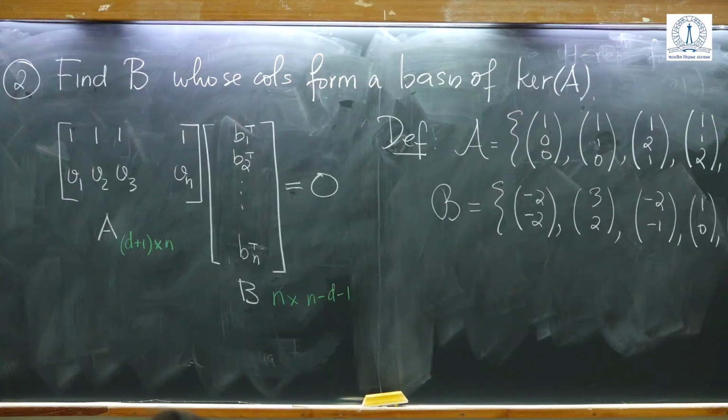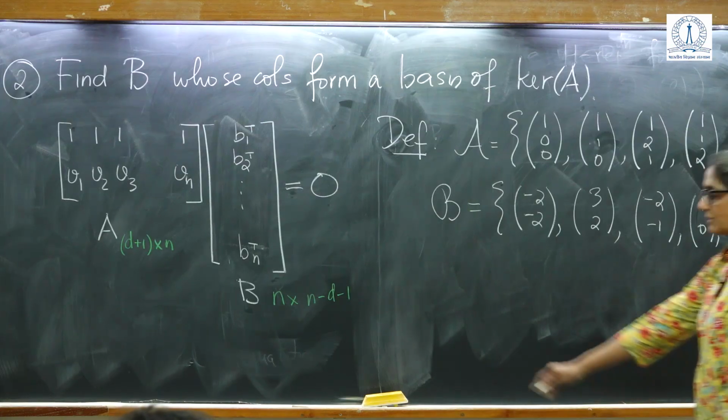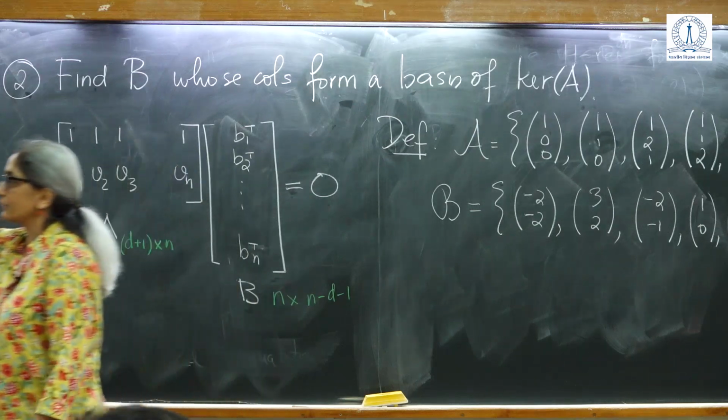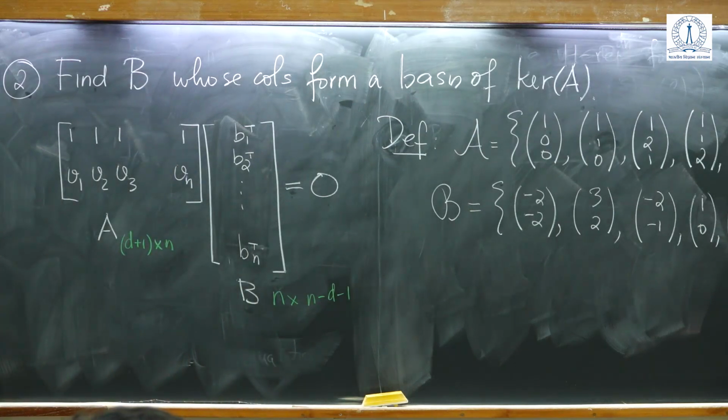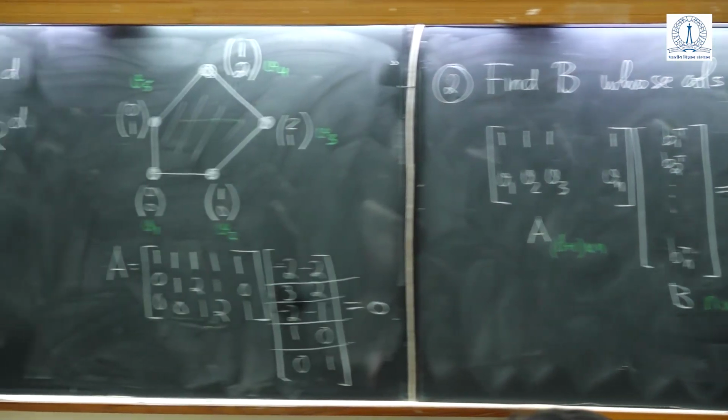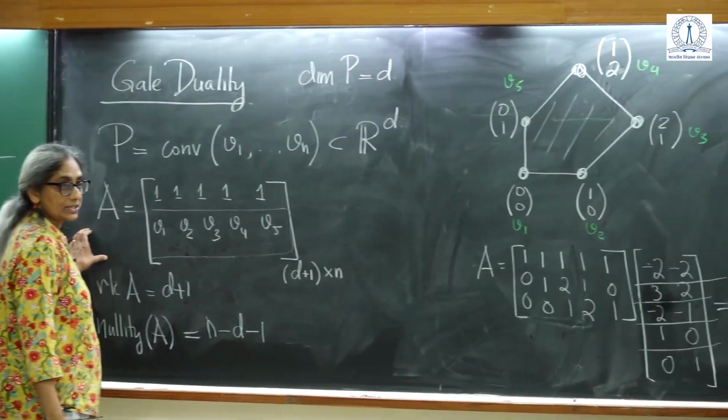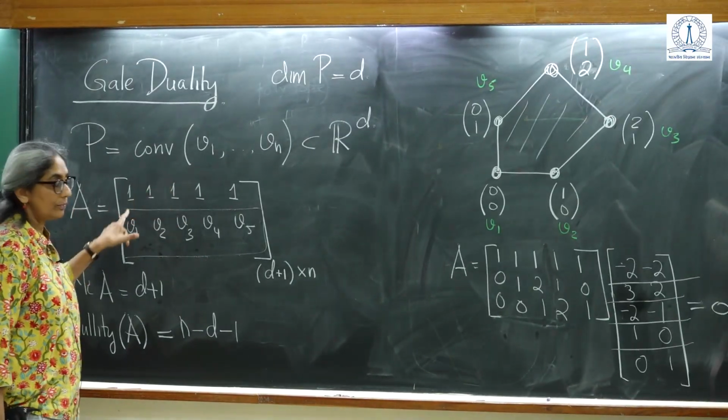Right? So I'm just telling you a recipe, and we're going to prove why everything works at the end. I haven't even told you why we're doing this. We're just writing down a recipe. Okay? So again, let me summarize. We have a polytope. Our goal is to find the facets of this polytope. So first step is to construct the matrix A like this with a row of 1s.